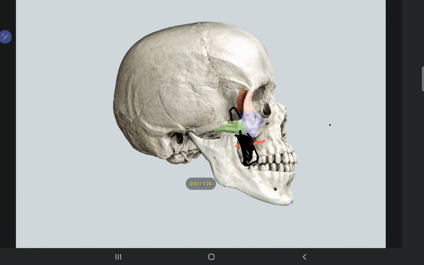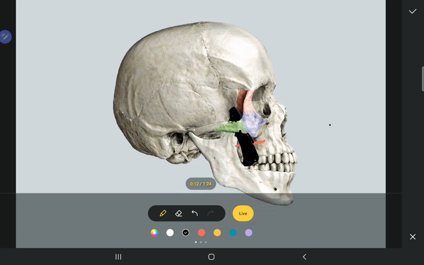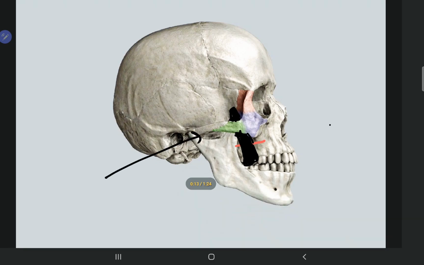We place this elevator from the incision site, basically we engage the zygomatic arch, passing this elevator beneath it. Because the blow is from the outside, the zygomatic arch and zygoma have gone inside, right?